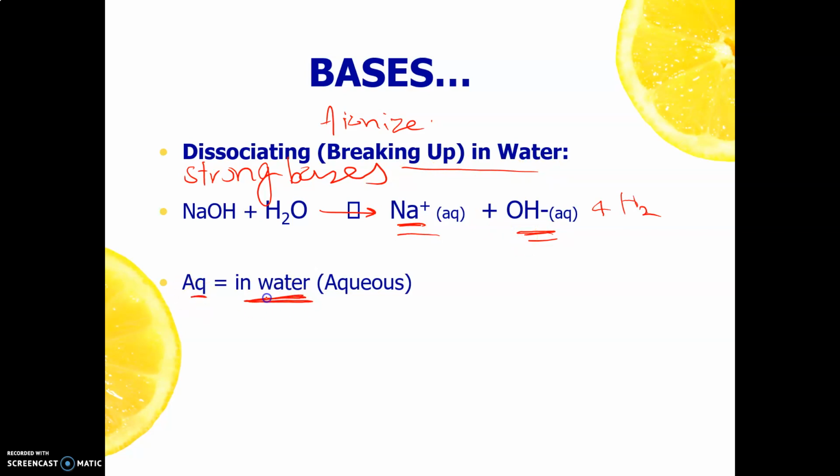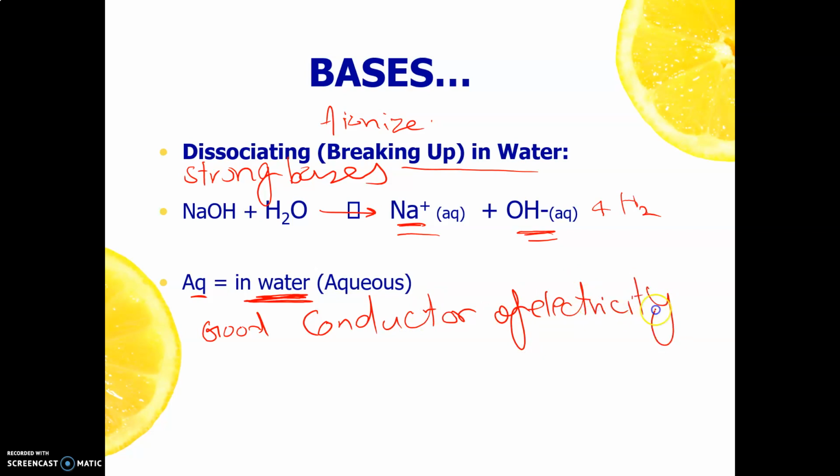Aqueous means in water. You asked that question many times. So we have strong bases, which completely ionize in water. This makes them good conductors of electricity, because there are free charges, because there are ions.